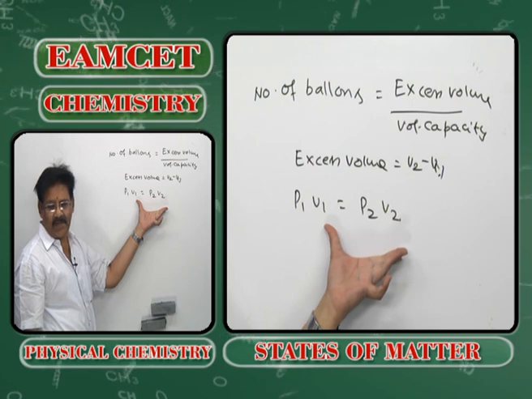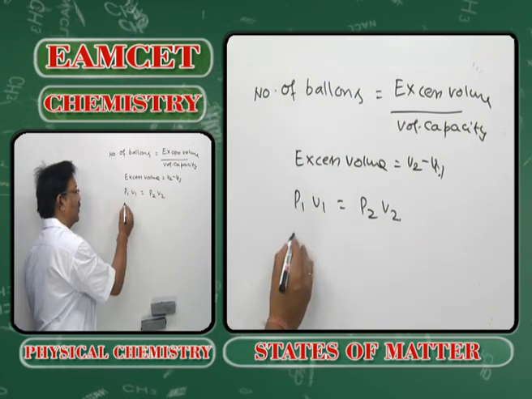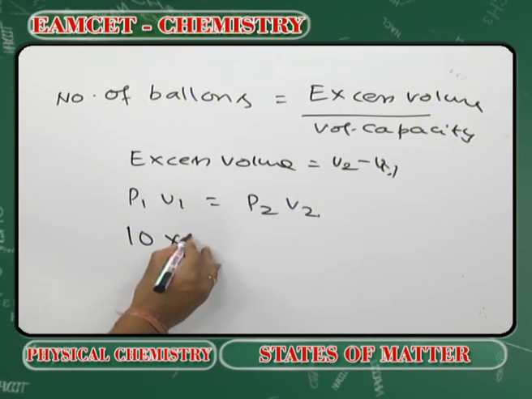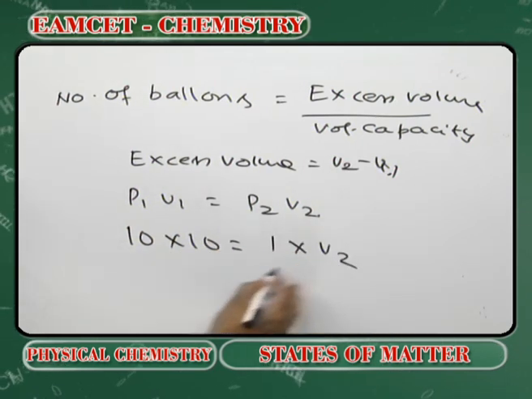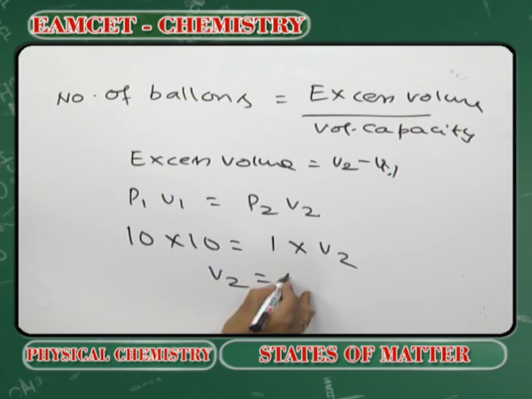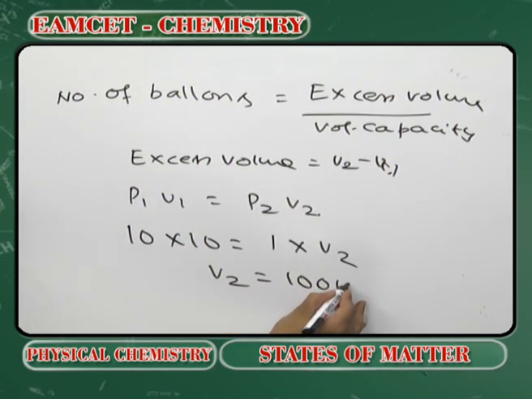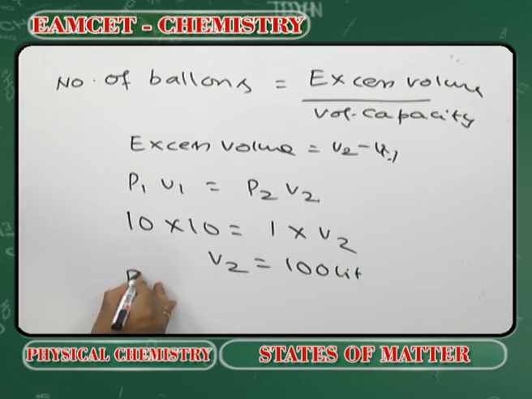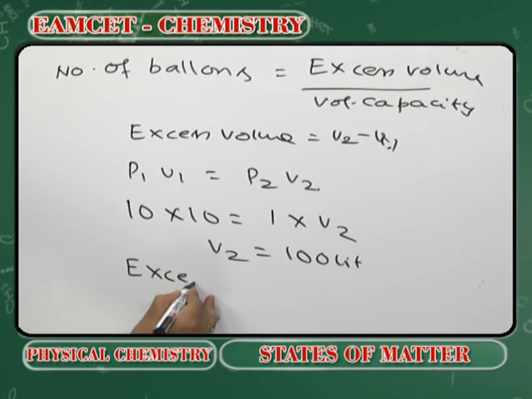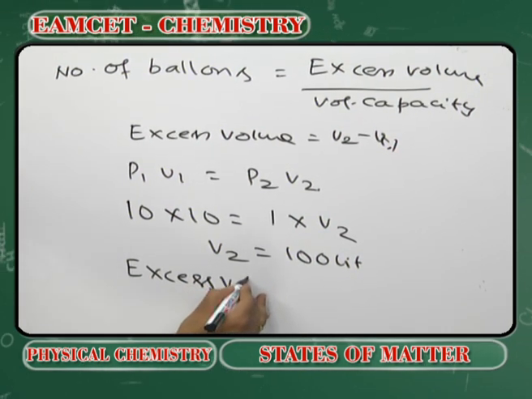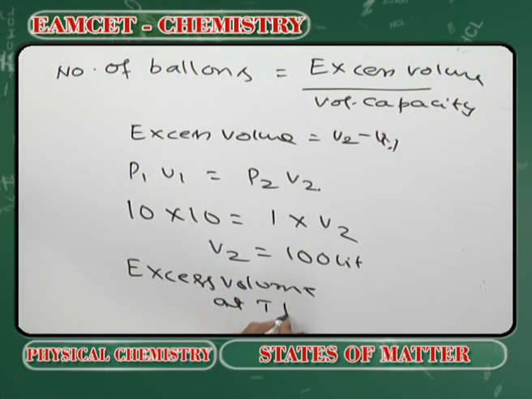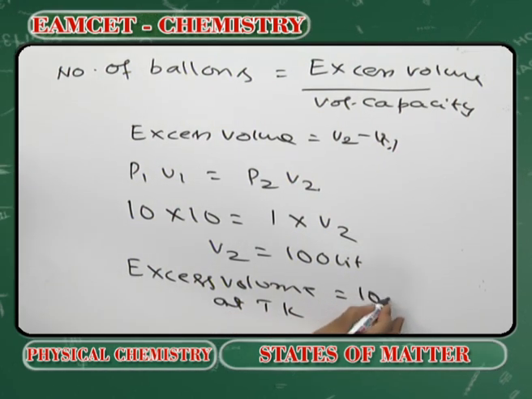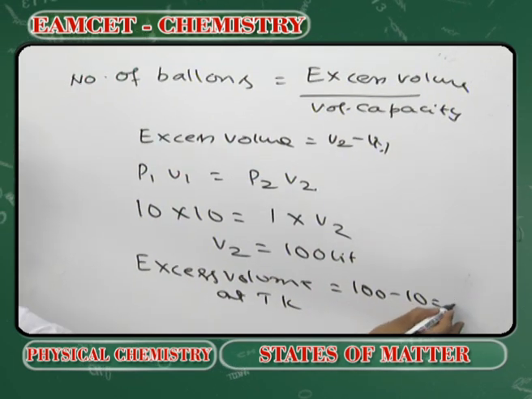So 10 into 10, V2 is equal to 100 liters. What is the excess volume at the same temperature? Excess volume at T Kelvin is equal to 100 minus 10, 90.